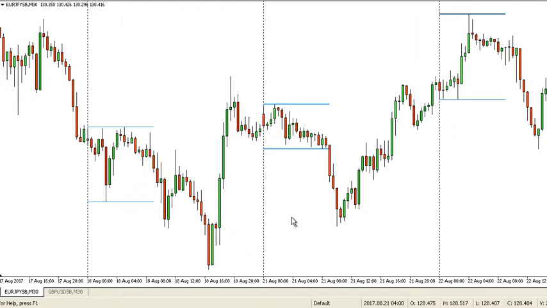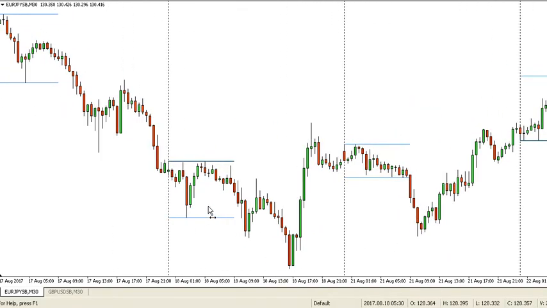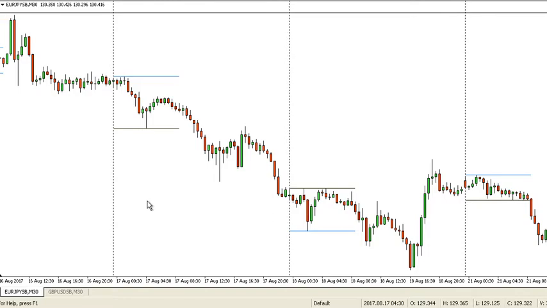Anyway, I did make a post about a trend trading idea that I've been working on. I've tried quite a few trend trading ideas in the past, and it's something that's been interesting me over the last few months, because I think it's good to have some sort of diversification in the way that you trade.